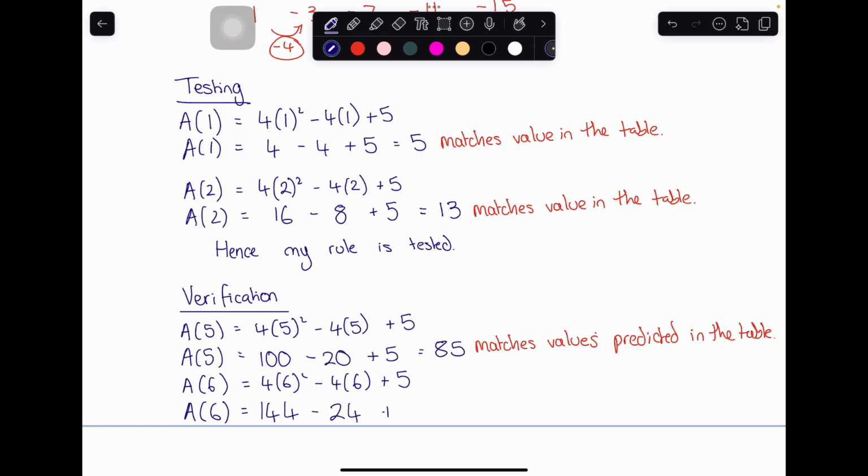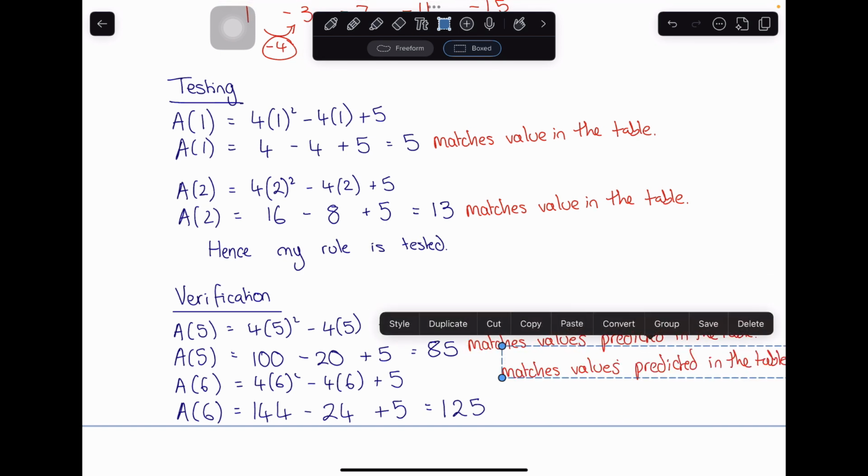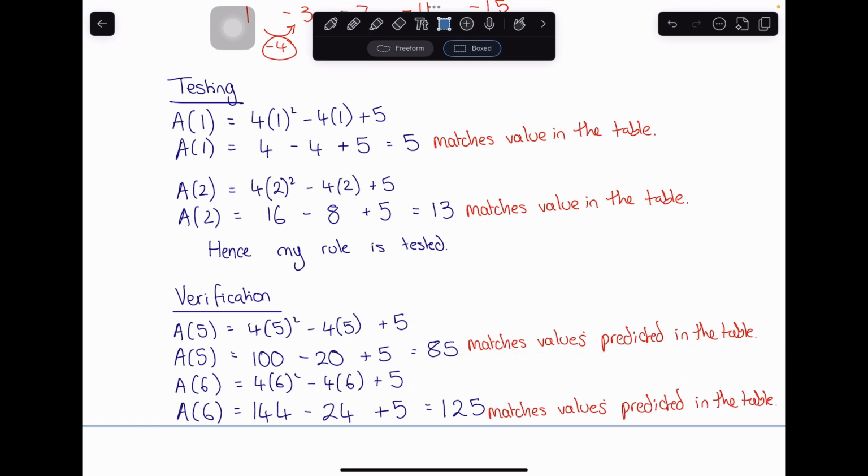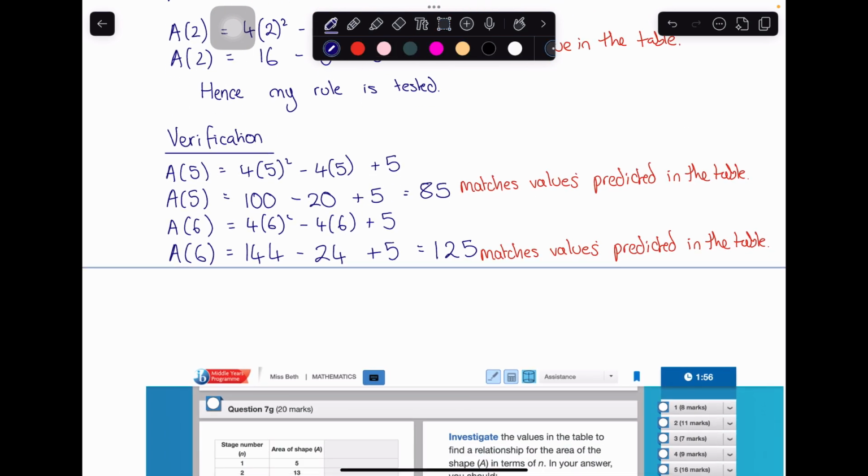Subtract 24 plus 5 is going to leave us with 125, which again, okay, that matches the values predicted in the table. Then, hence, my rule is verified.